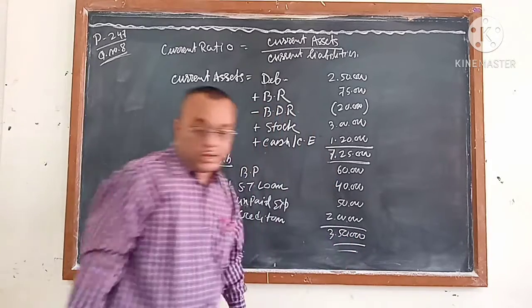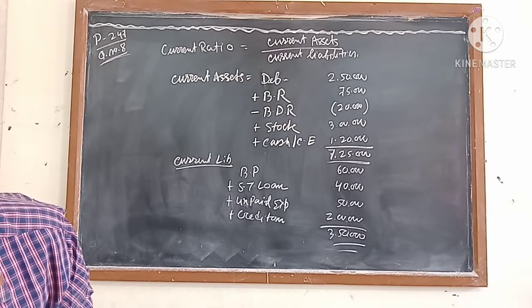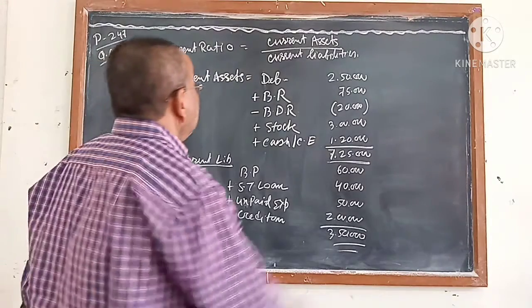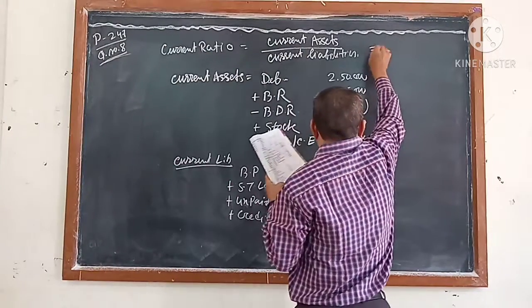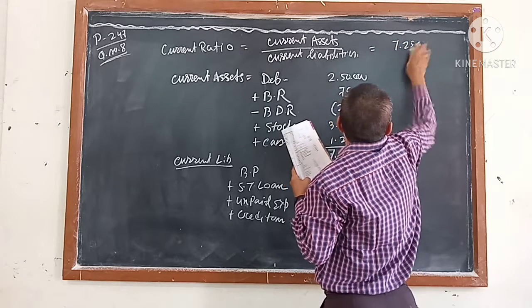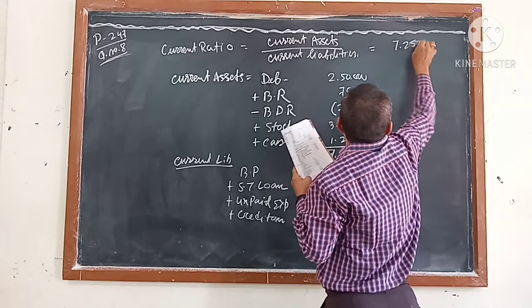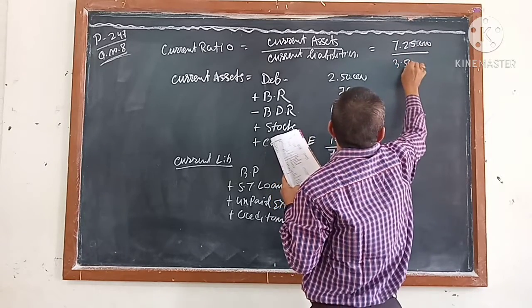This is your current liabilities. So you got the total current assets and the total current liabilities, and then you have to apply the formula: total current assets by current liabilities, which is 7 lakh 25,000 by 3 lakh 50,000.